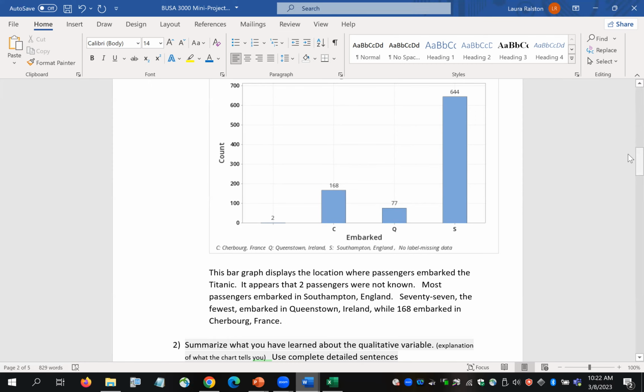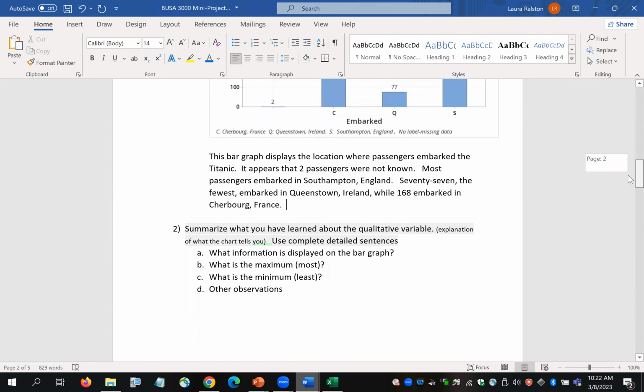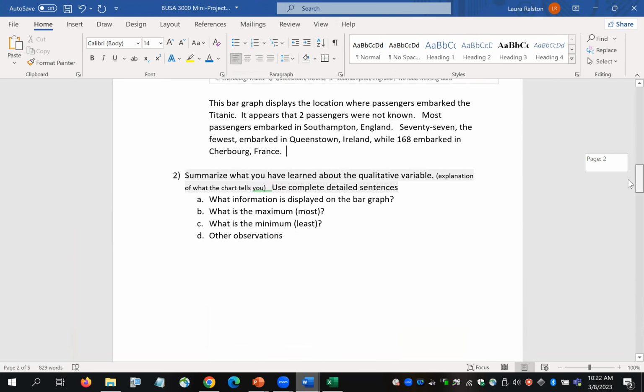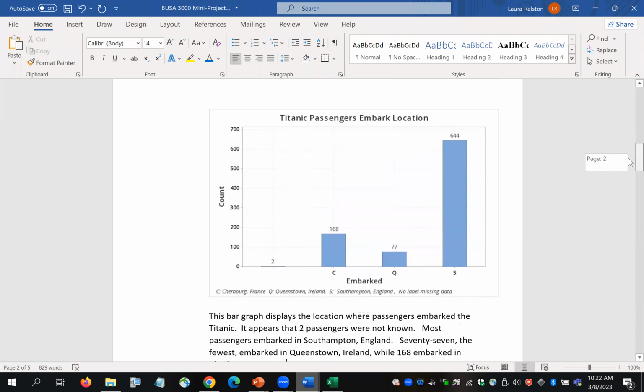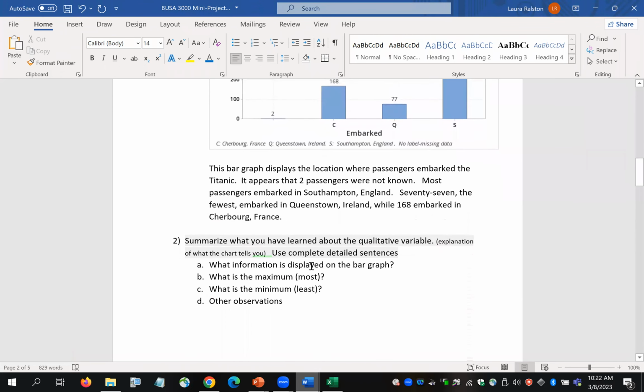Okay, so with a bar graph, depending on how many variables you have, the information is usually very straightforward. I've said what information is there. A different observation might be that it appears 2 passengers were not known where they embarked. Maybe they snuck on. We've told the most, we've told the least.